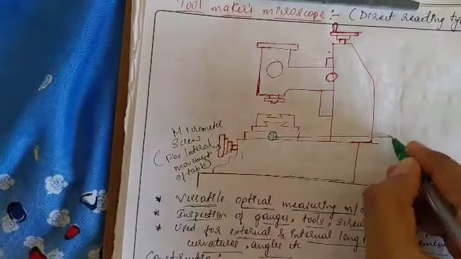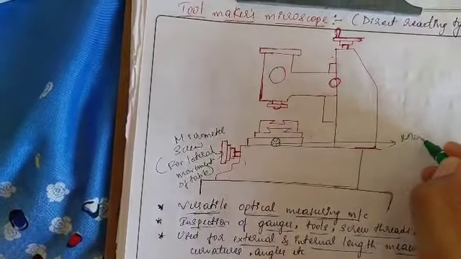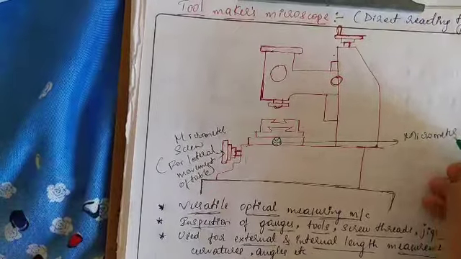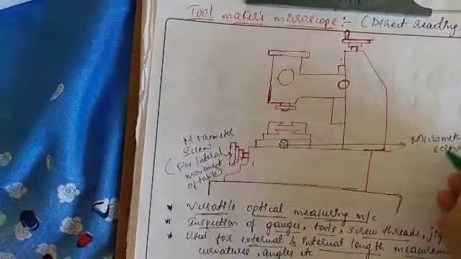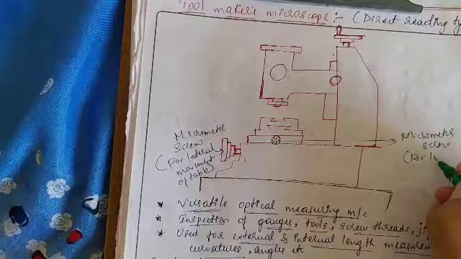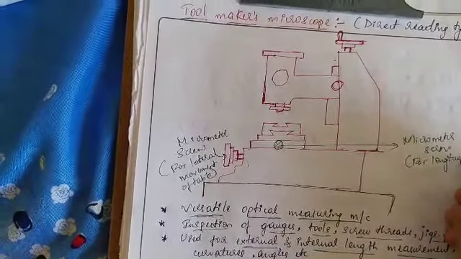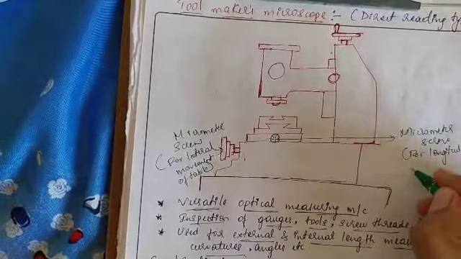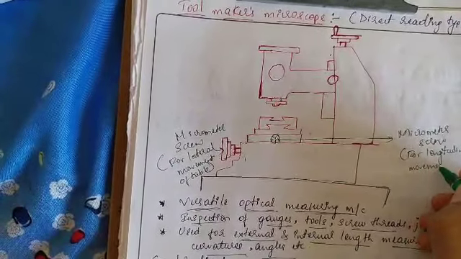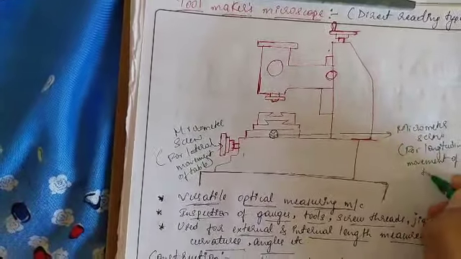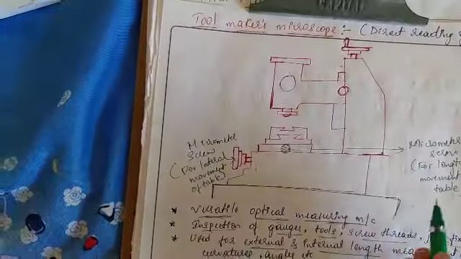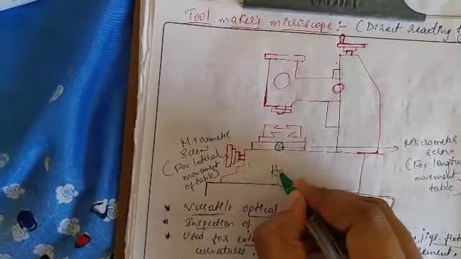This is also a micrometer screw, for longitudinal movement of the table. So this is the hollow base.